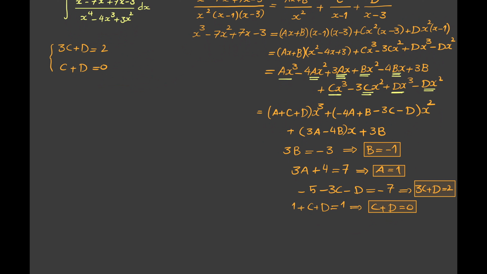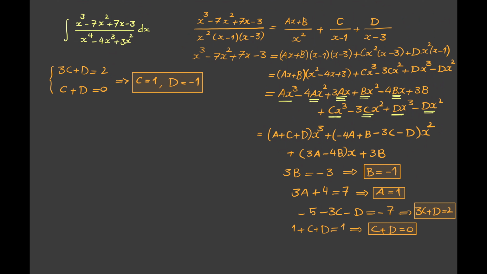Then I have to solve this system. For example, if I subtract these two, then it means that c is equal to 1, and when c is equal to 1, d is equal to minus 1. Now every coefficient that I need is found. Now if I want to integrate, this fraction is exactly equal to that fraction, which can be decomposed into 3 fractions with these coefficients that I found.